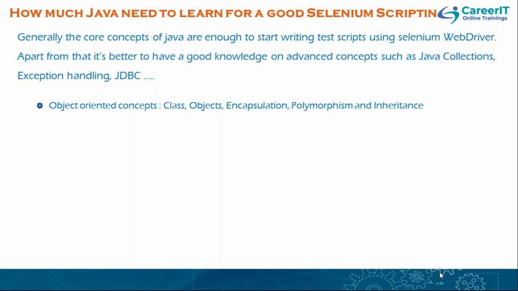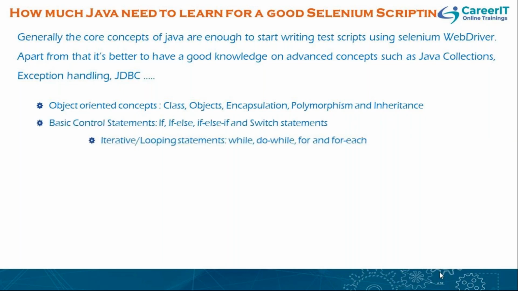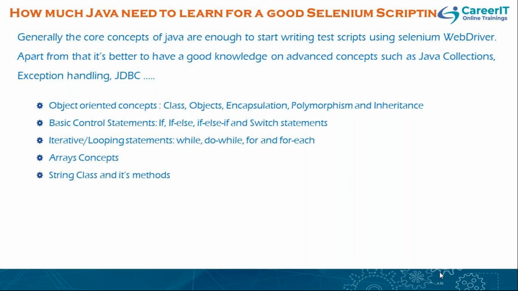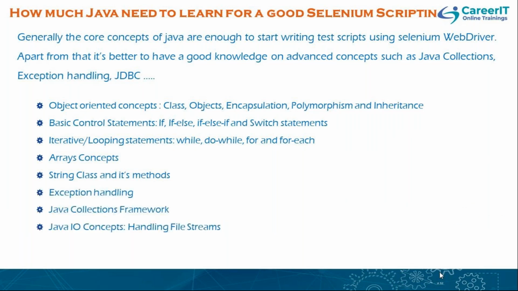We don't need to worry about JSP, Spring Boot, servlets or other stuff. Those are not at all required. We just need how to create a class, how to create a method, how to call the methods using objects, and the basic steps, how to write simple if conditions. We don't need to go beyond these concepts.